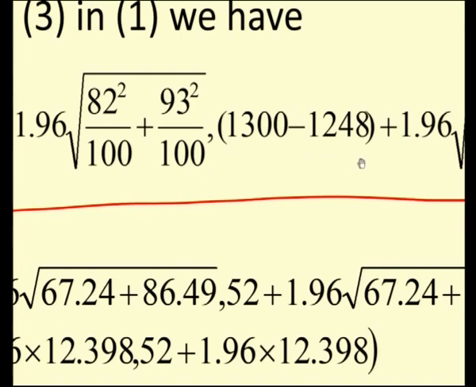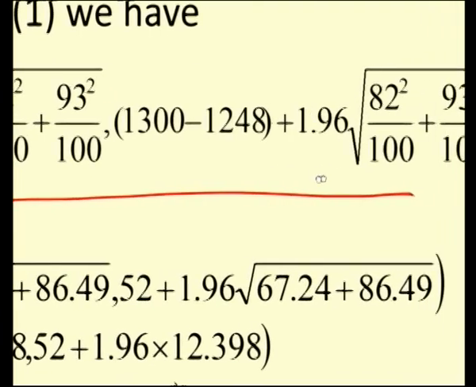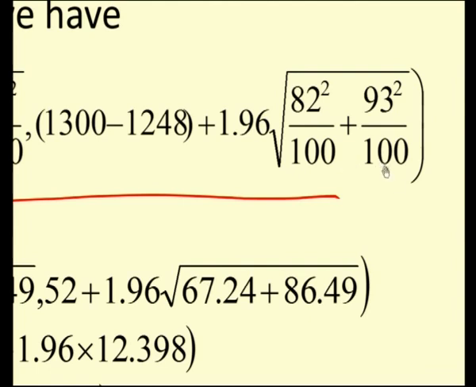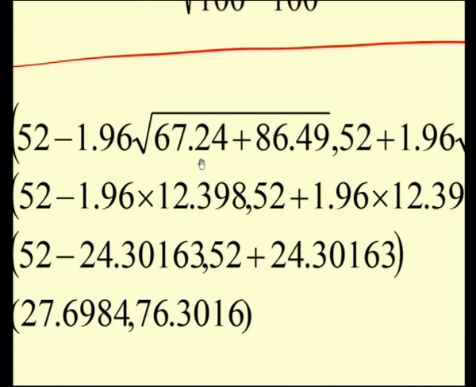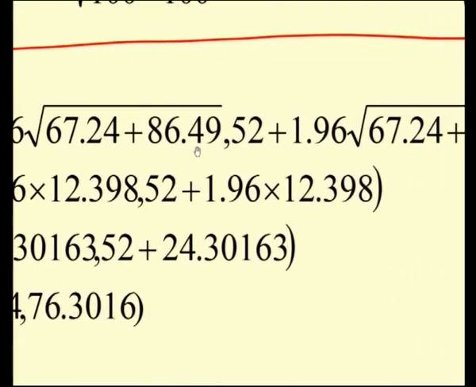Similarly, 1300 minus 1248, here it is going to be plus 1.96 into the square root of sigma 1 squared by 100 plus sigma 2 squared by 100. On simplifying, you will get x1 bar minus x2 bar is 52, the table value is 1.96, and here sigma 1 squared by n1 is 67.24, sigma 2 squared by n2 is nothing but 86.59.